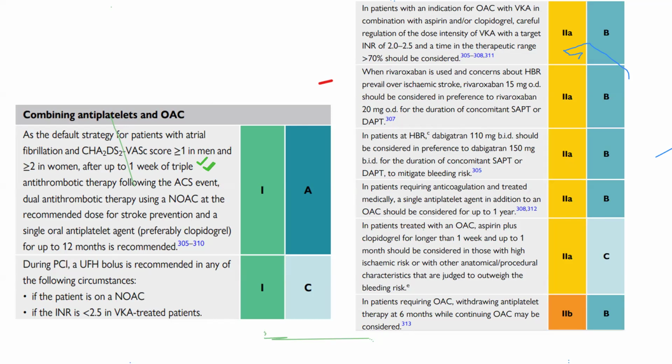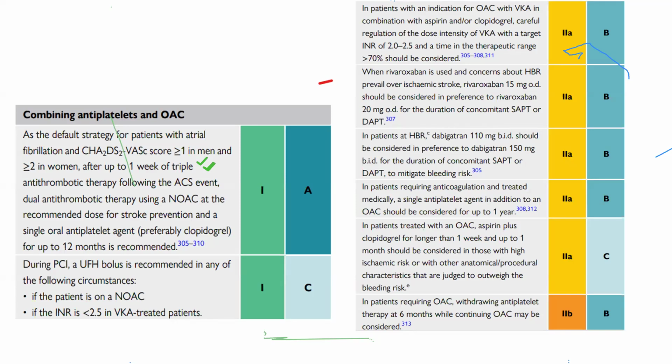So this is self-explanatory. In patients with high bleeding risk, dabigatran 110 mg BD should be considered in preference to the 150 mg BD for the duration of concomitant single antiplatelet or dual antiplatelet therapy to mitigate bleeding risk.